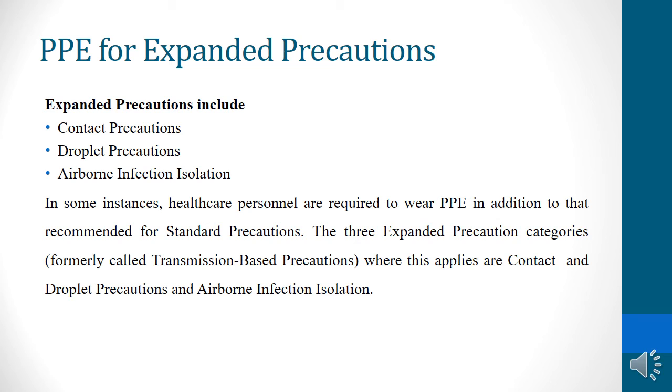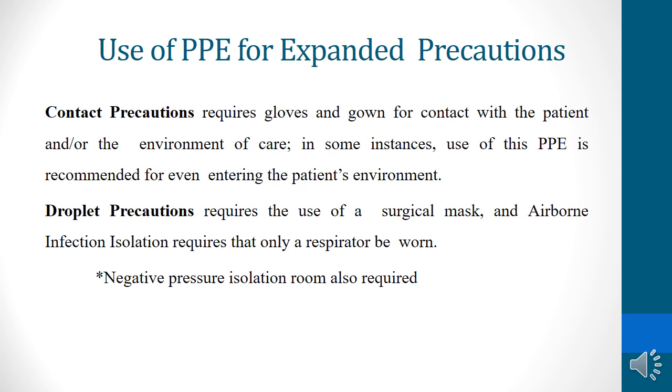PPE for expanded precautions. Expanded precautions include three: contact precaution, droplet precaution, and airborne infectious isolation. Contact precaution requires gloves and gown for contact with the patient or environment of care. In some instances, this PPE is recommended even if you will only enter the patient environment.